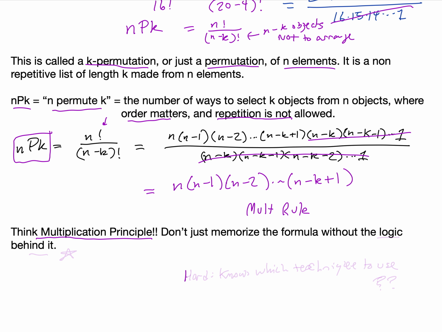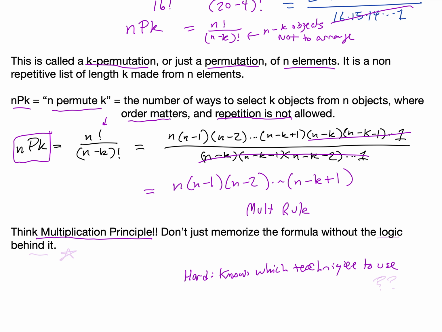Because with counting technique problems, the hard part is knowing which technique to use. If somebody just says, okay, what's 40 permute 3, that's not the hard part. But the hard part is saying, okay, I'm looking at this application.